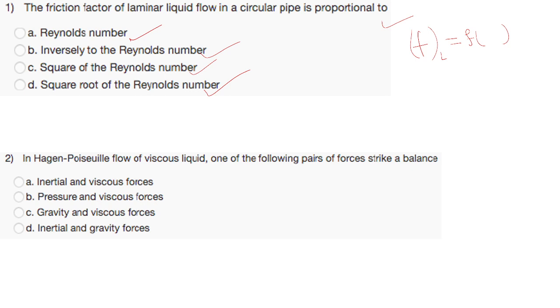The same Moody diagram, the modified Moody diagram, we can also use sometimes in open channel flow.